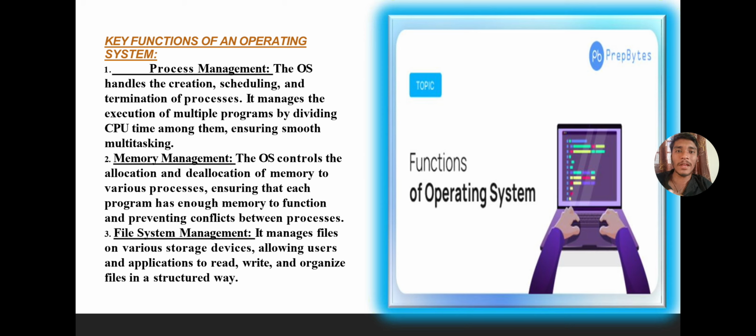It manages the execution of multiple programs by dividing the CPU time among them and ensuring smooth multitasking at a time. Then memory management: the OS controls the allocation and deallocation of memory to the various processes, ensuring that each program has enough memory to perform and preventing conflict between the processes.